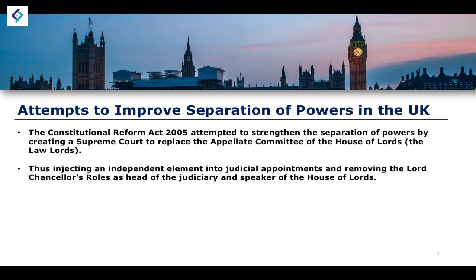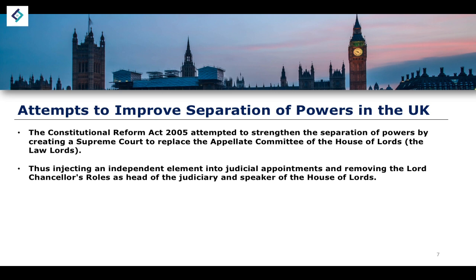There was also the injection of an independent element into the judicial appointments, and they removed the role of the Lord Chancellor as head of the judiciary as well as Speaker of the House of Lords. One of the big no-nos, as an idea within the separation of powers, is to have members of multiple different branches of government all being able to be shared by one individual.